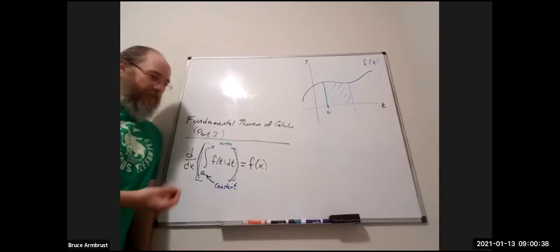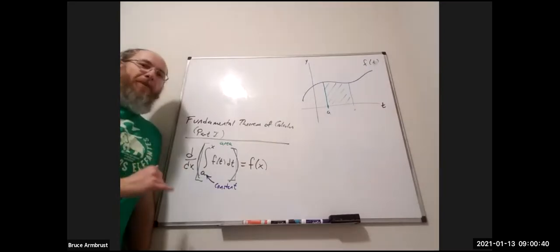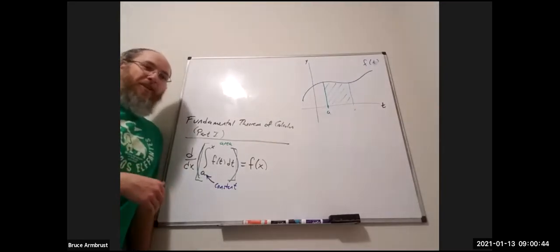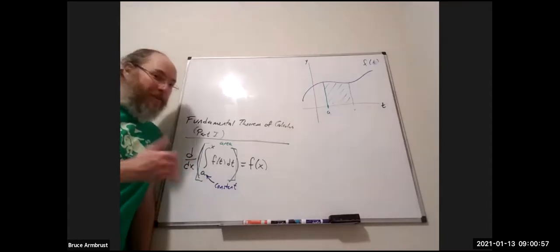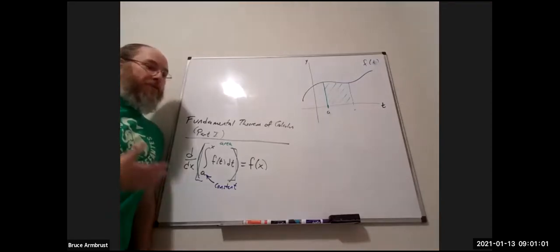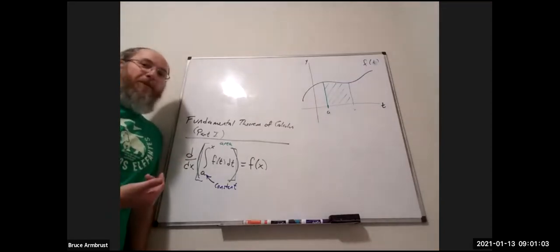So this is why these are lumped together in calculus. Because differentiation and integration are really the same thing. They're just two sides of the same thing. Right? Like logs and exponents, they're the same thing, just looking at it differently. So derivatives and integrals are really the same thing, just going in opposite directions.